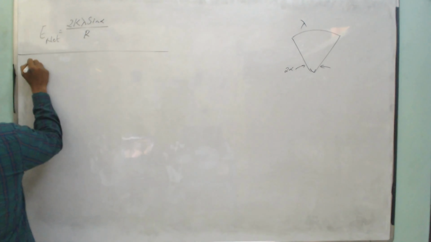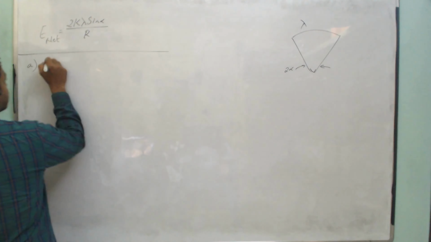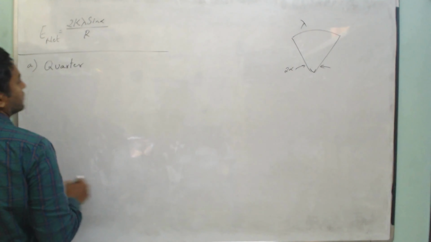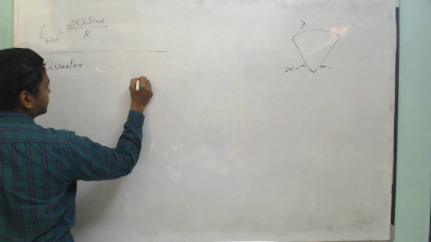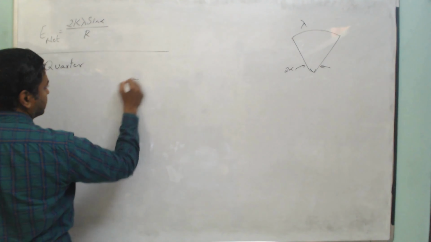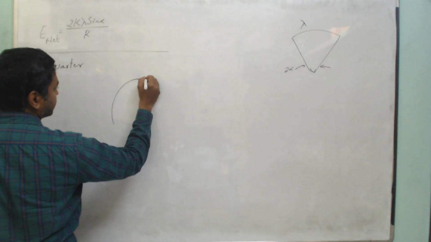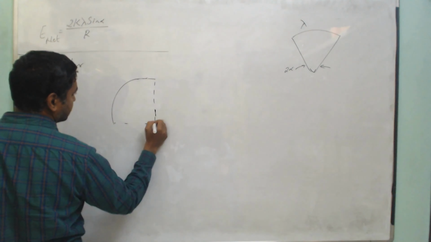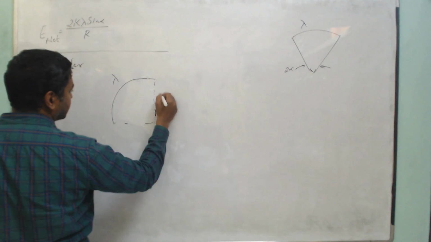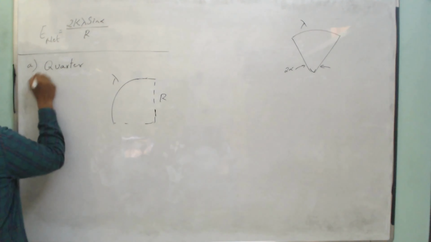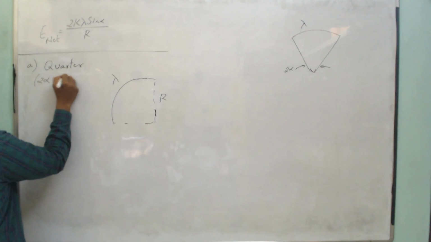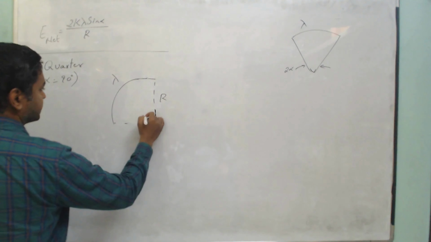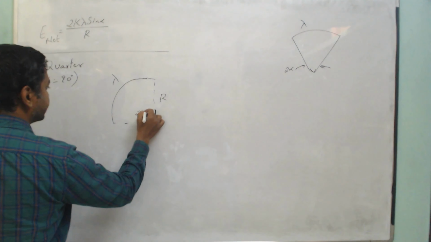Now for a quarter of a circle, we basically have only one side of it. So let this be lambda, r. That means our 2 alpha is equal to 90 degrees, right?